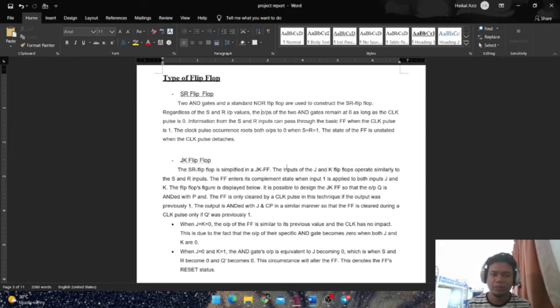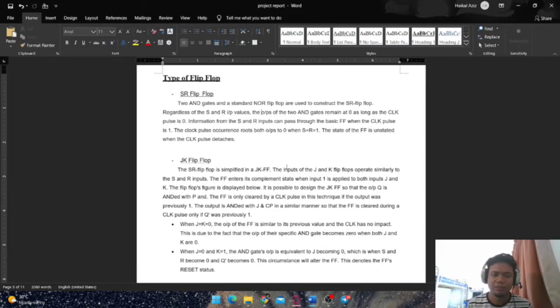The clock pulse occurs both times. The outputs go to 0 when S equals R equals 1. The state of the flip-flop is undefined when the clock pulse is detached. JK flip-flop.